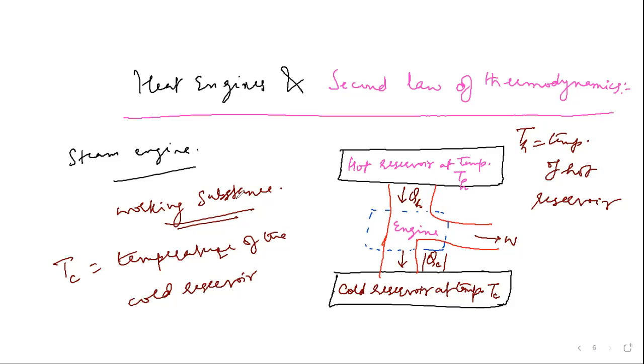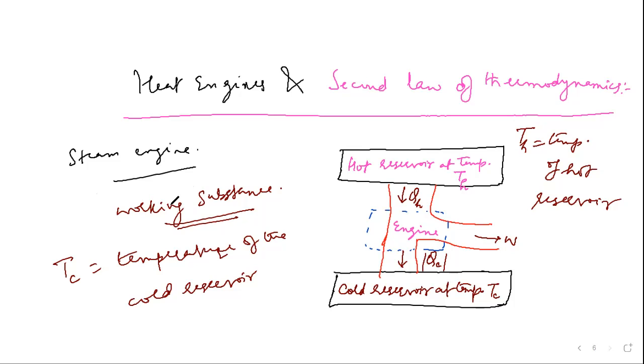So I have an engine, any engine. That engine has some working substance. It basically does what? It takes some heat, that is QH, does some work, that is W, and in the process it rejects some heat, right? That is the mechanism. And in this process, the working substance comes back to its initial state.